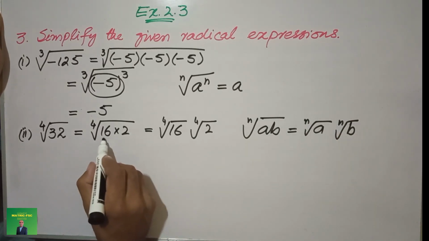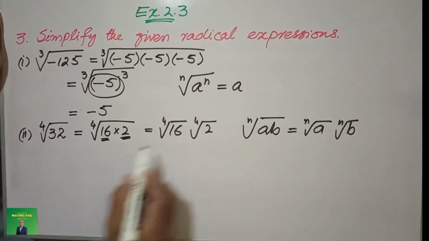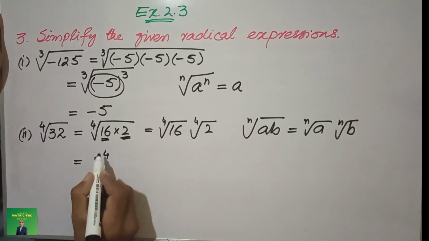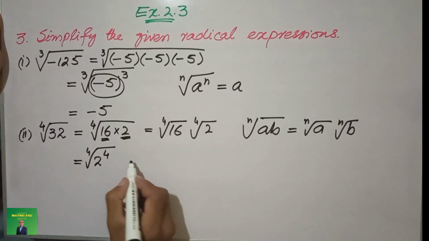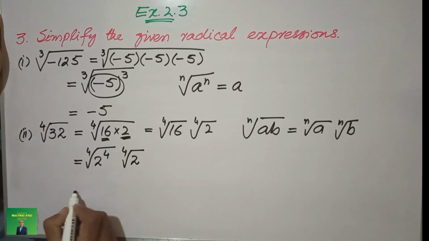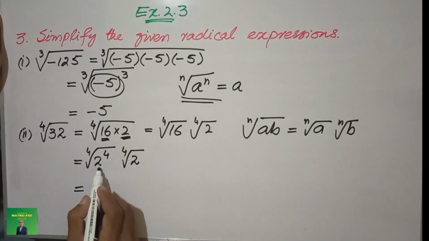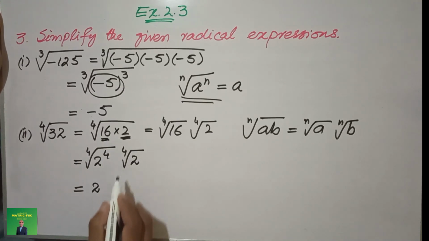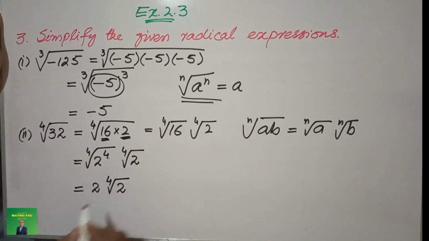Here, for example, this is our a and this is our b. From here we know that 16 can be written as 2 power 4 under the fourth root, and the fourth root of 2. Again using the same property, 2 power 4 and the fourth root, we have 2, and from here we have the fourth root of 2.